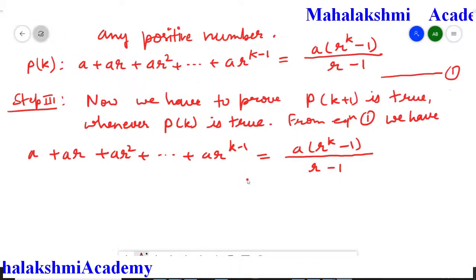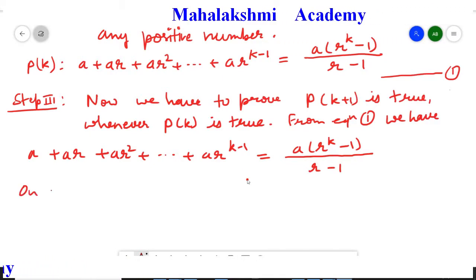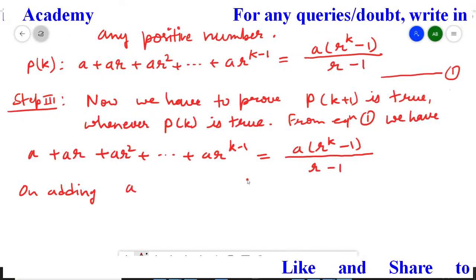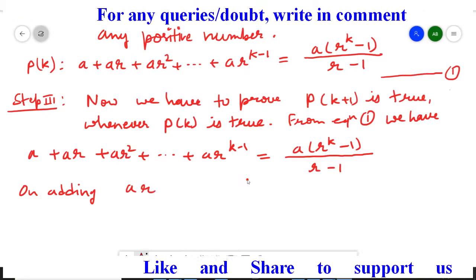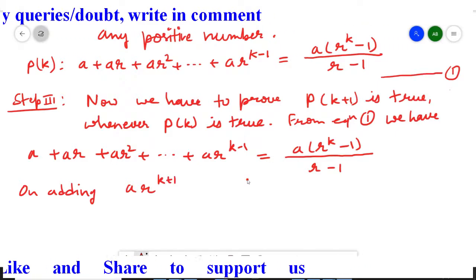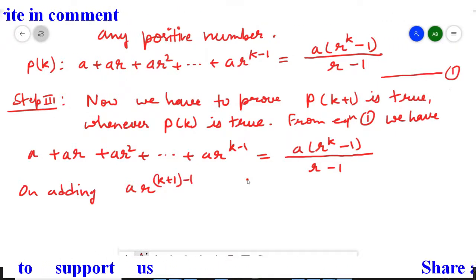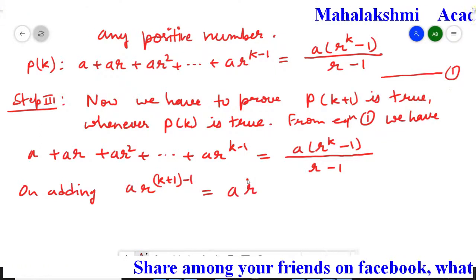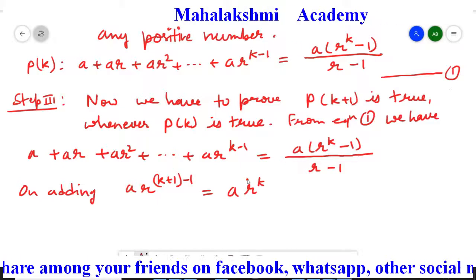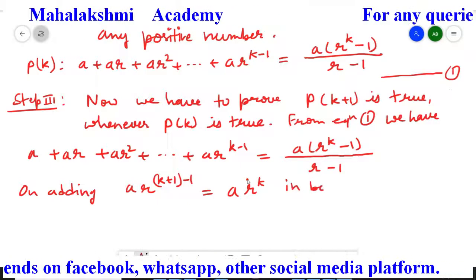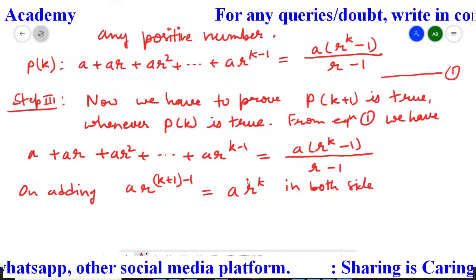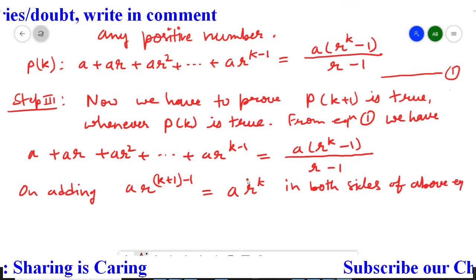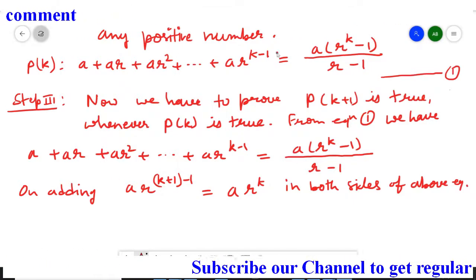So we write: on adding a multiplied by r^(k+1-1), that is a multiplied by r^k, on both sides of the above equation. Just see what I have done here.